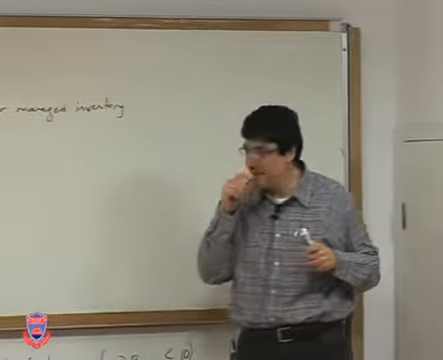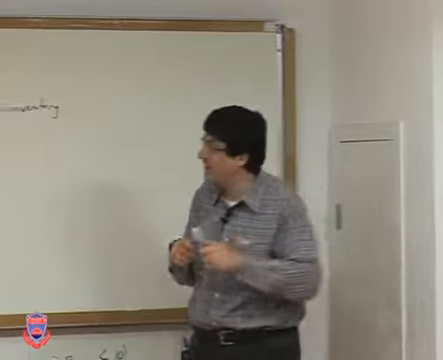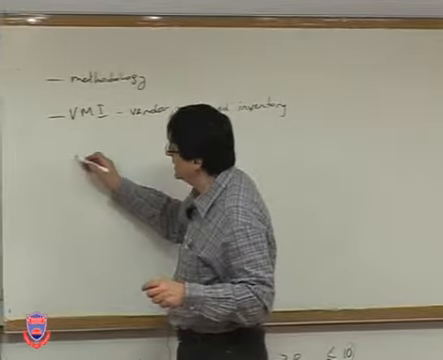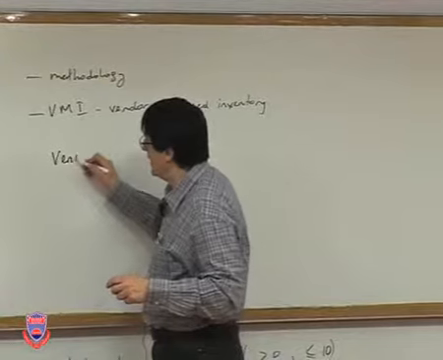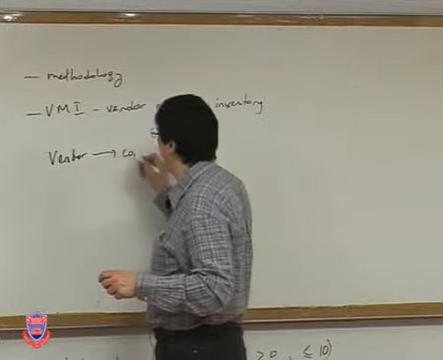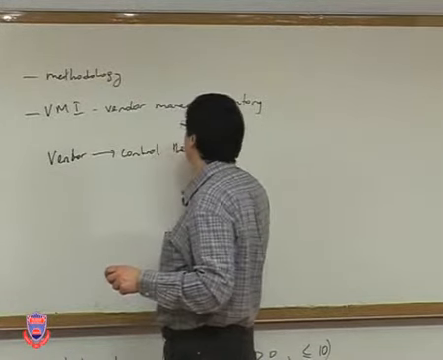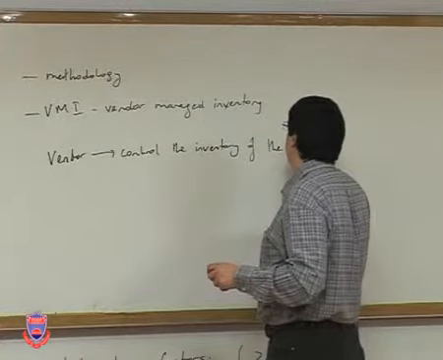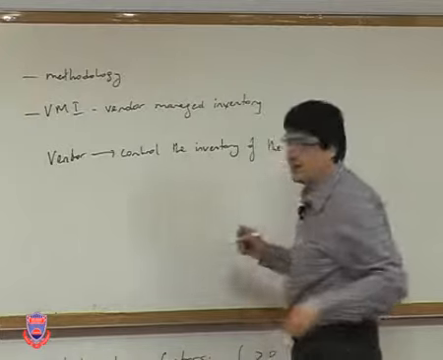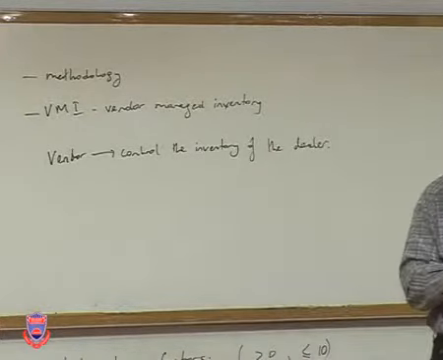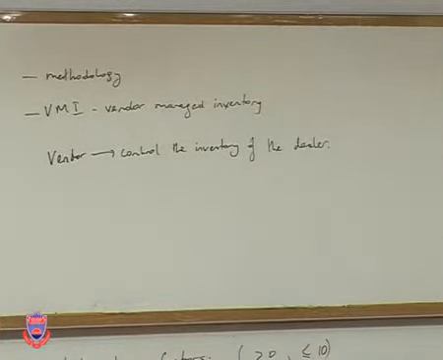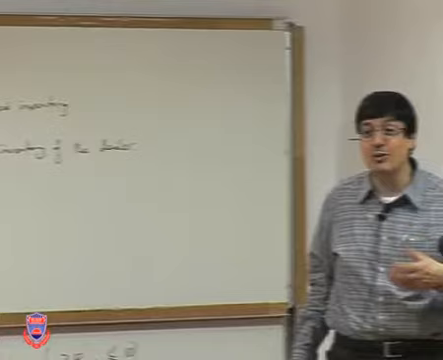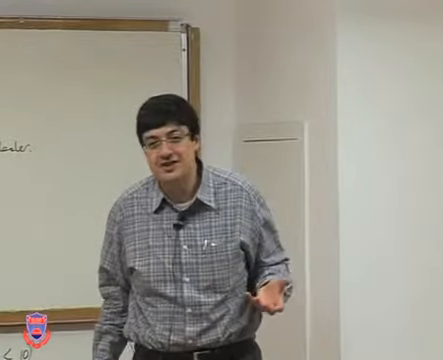Of course, in vendor-managed inventory, what do we have? In vendor-managed inventory, the vendor is going to control the inventory, completely control the inventory of the dealer. Now, our system, the current paper, actually allows for that. But we are not given very clearly whether, for example, Volkswagen is always fulfilling the orders of the dealers.